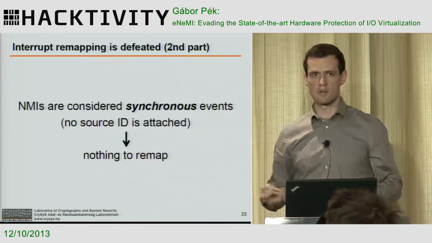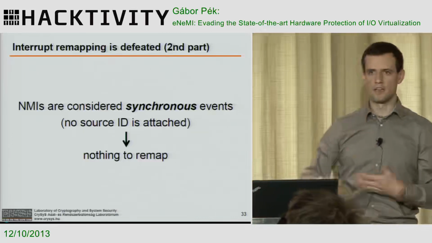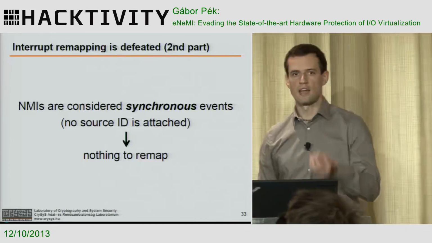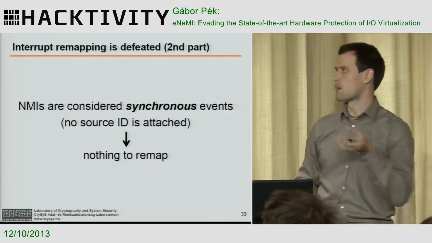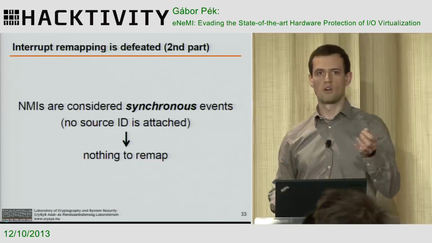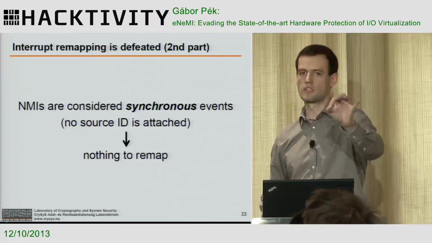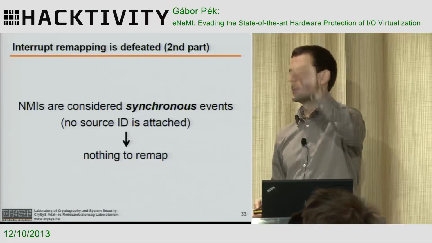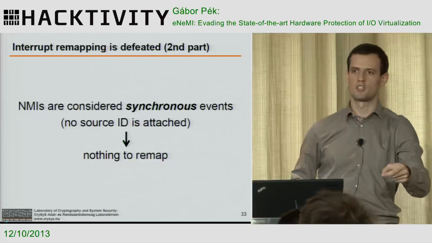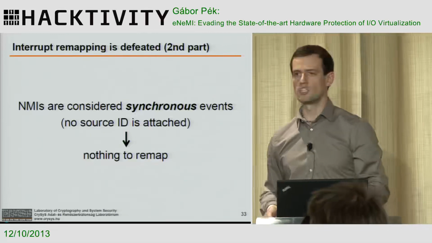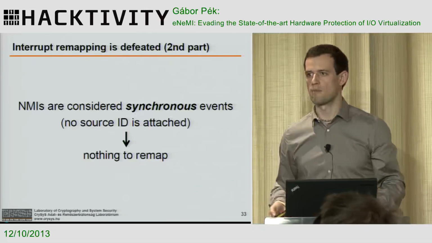But a non-maskable interrupt is like an exception. It has to be served instantly. And as a result, when a non-maskable interrupt is generated, no source ID, no BDF ID is attached. So the interrupt remapping engine cannot do anything. There is nothing to remap.